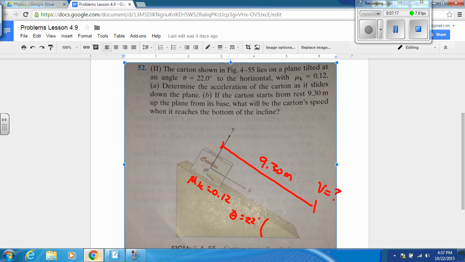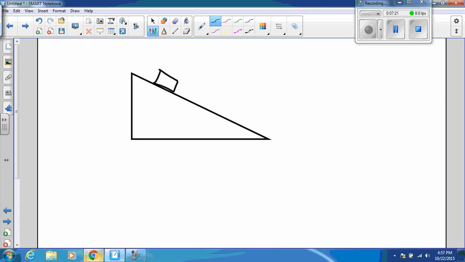I don't believe the mass is given. Nope. In fact, it gives us a mass of m right here. And so we suspect that the mass is probably going to cancel out, and that's going to turn out to be the case. We'll put our mu k right there, and our angle, which is 22 degrees, right there. And now we're ready for a free body diagram.